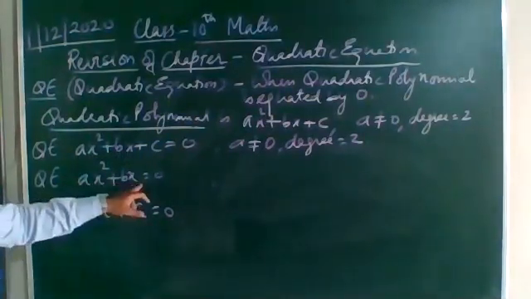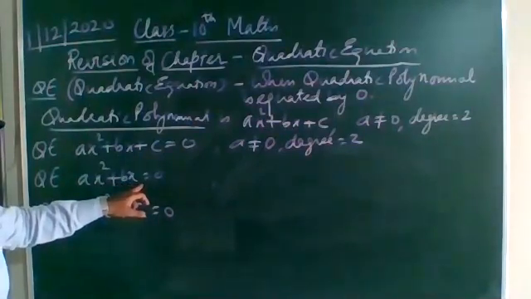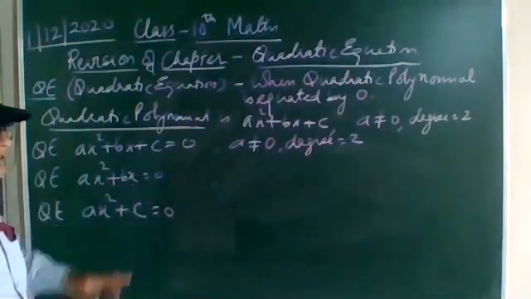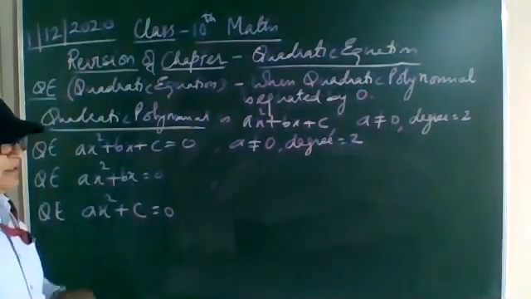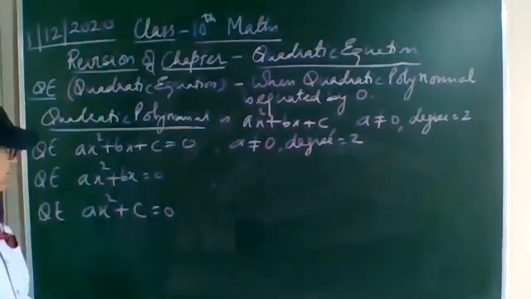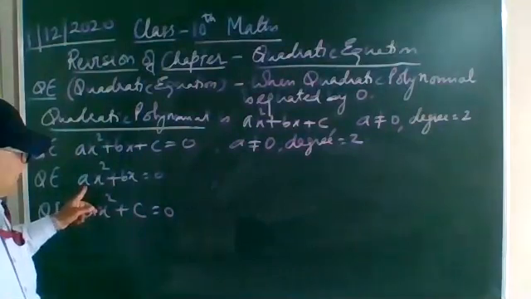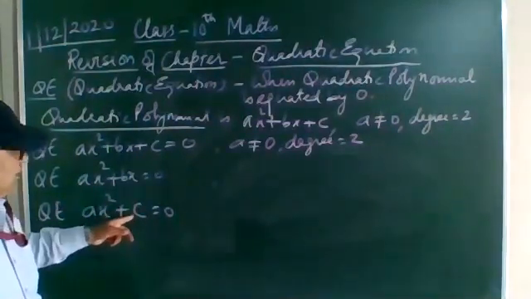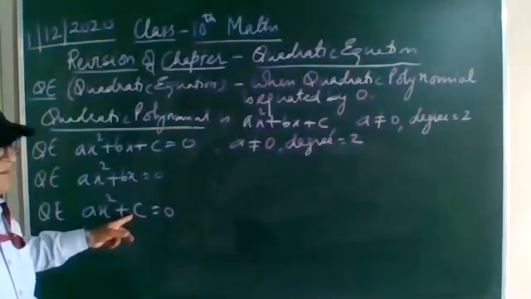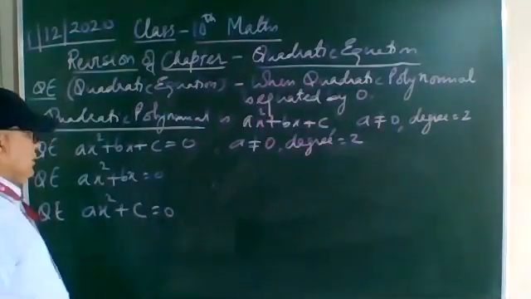Here the constant term is not there, so we will write the constant term as 0. A is there. Here the x term is not there, so b will be 0.